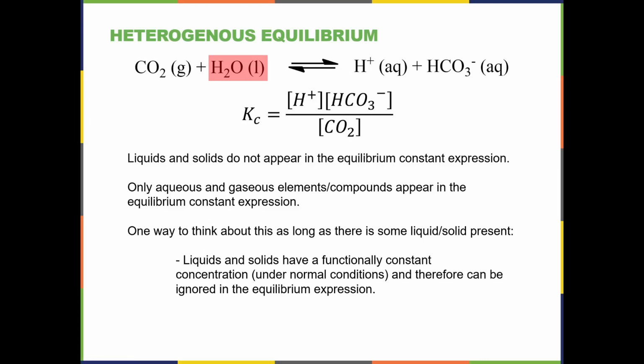And so we don't write them. That's the take-home message here. If you see a liquid or a solid, you do not put it in the equilibrium constant expression. And if you're calculating equilibrium constants, it's very important that you don't put them there. That being said, if you're given a problem, you're probably not going to get a concentration for water. So that's a pretty good hint that you could ignore that.